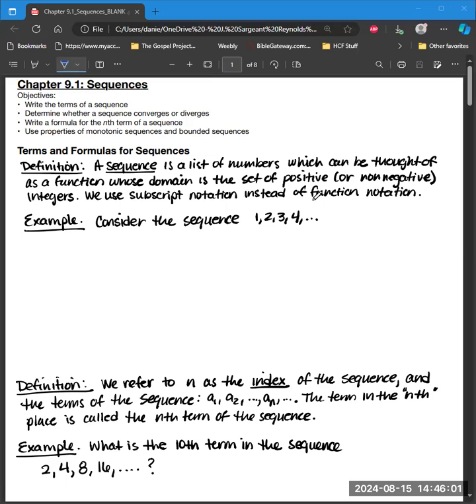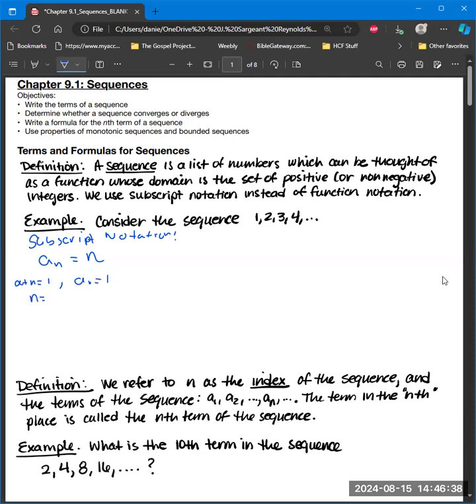So we'll use subscript notation instead of function notation. Consider the sequence 1, 2, 3, 4. In subscript notation, we'll say that the nth term of the sequence is equal to n. So that means that at n equals 1, a sub 1 equals 1.